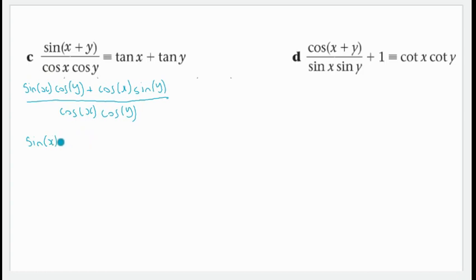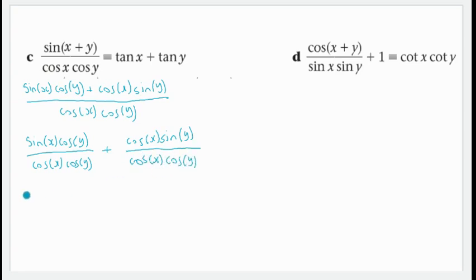Okay, so this we can rewrite as sine x cos y over cos x cos y, just splitting up the fraction, plus cos x sine y over cos x cos y.